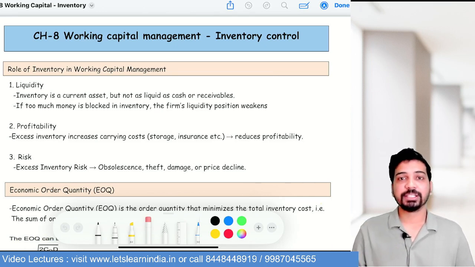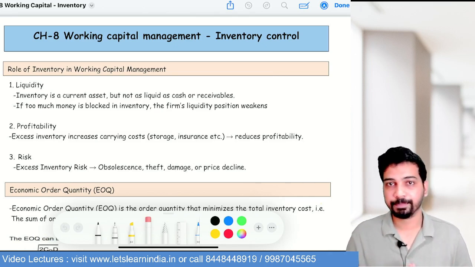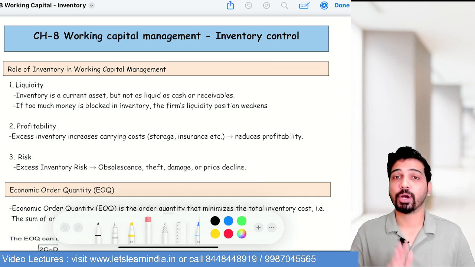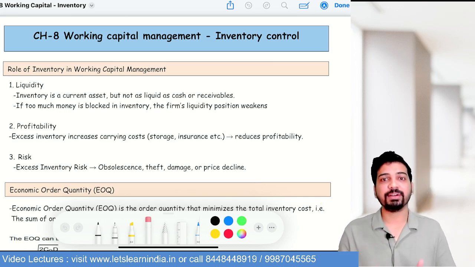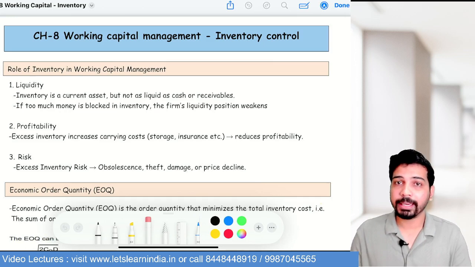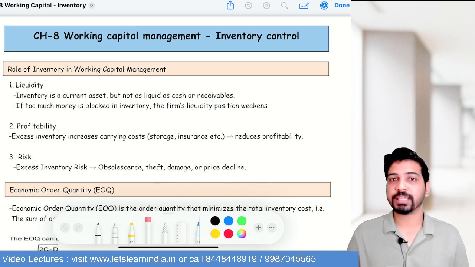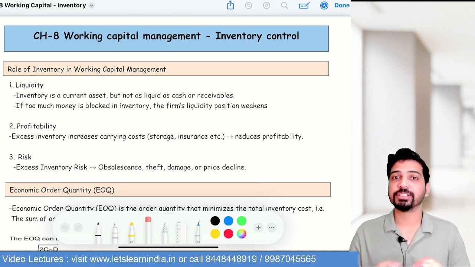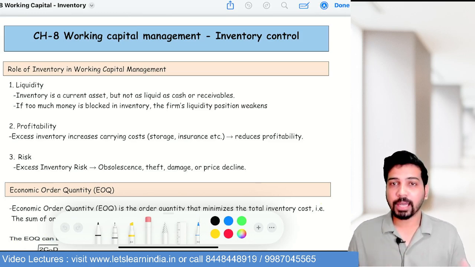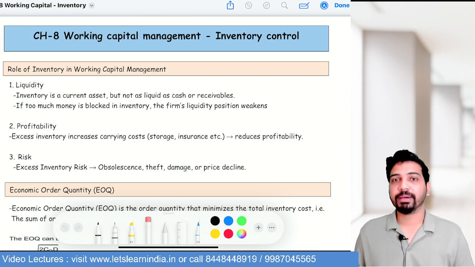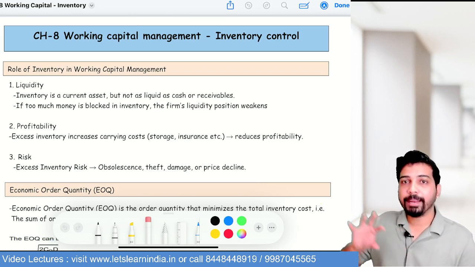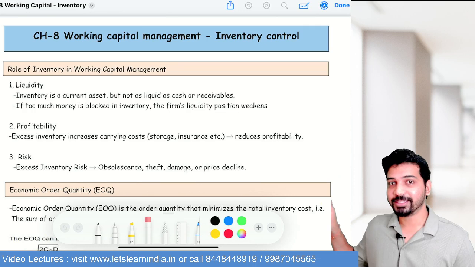Now, in case you manufacture excess inventories, what will happen? Inventories will take time to sell. You won't be able to sell all your inventory at once because it is not that easy to sell, right? It will take a certain period of time because you have created excess inventory. You'll receive less money from your customers and you'll have to pay more money to your suppliers.